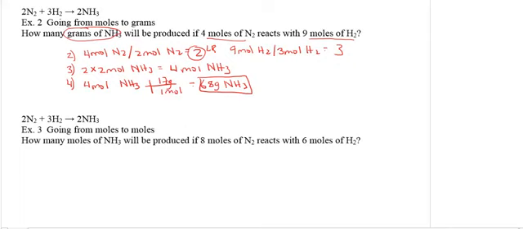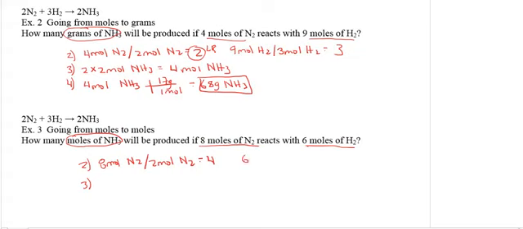So for this one, you're going from moles to moles. So we're looking for moles of ammonia. And we're given 8 moles of nitrogen, 6 moles of hydrogen. So steps 2 and 3 are the only things you need. So take your 8 moles of N2, divide by the coefficient, which is 2 moles of N2. That gives you 4.